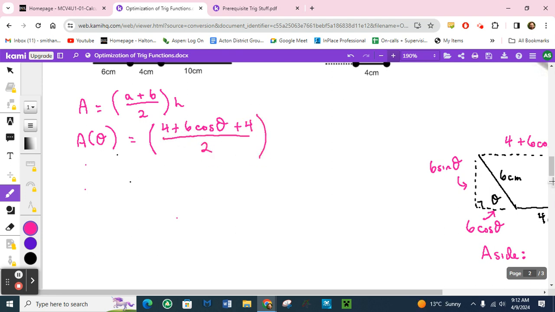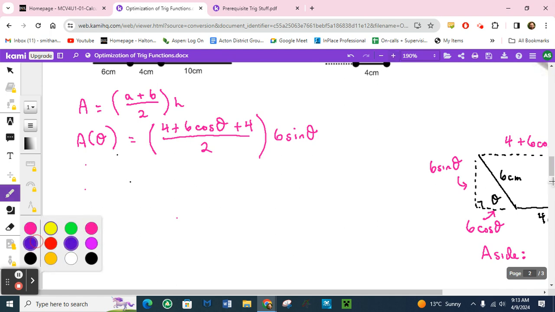And the height of our trapezoid was 6 sine theta. The only variable in that expression is theta, which means we can go about our usual process of find the derivative, set to 0, and solve. No problem. But maybe, just maybe, we should clean this up a little bit to make it easier to find the derivative of. So let's do that.